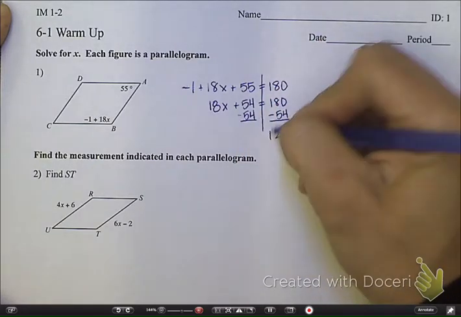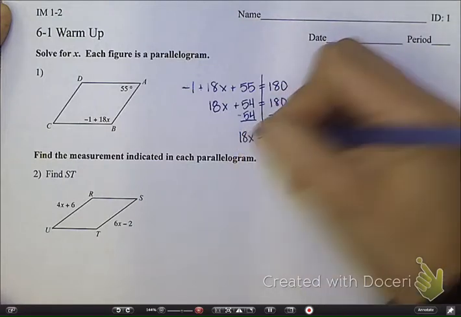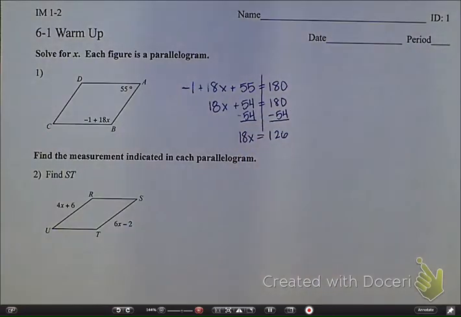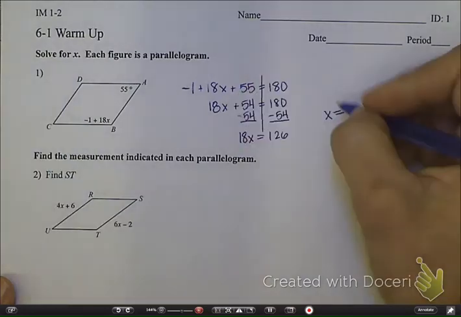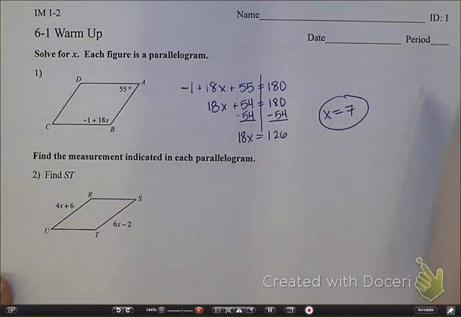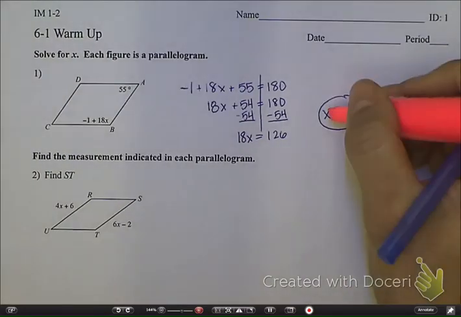That gives me 126. Okay, and then last, I'm going to go ahead and divide. So 126 divided by 18 should give me 7. Okay, all it asked me to do was solve for x, so I'm done. That's the final answer.